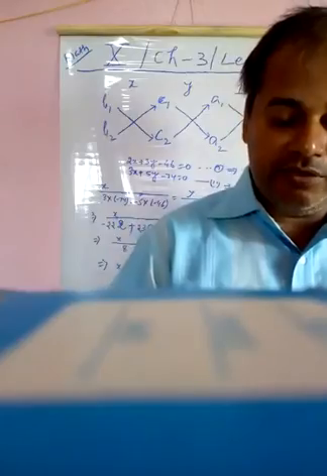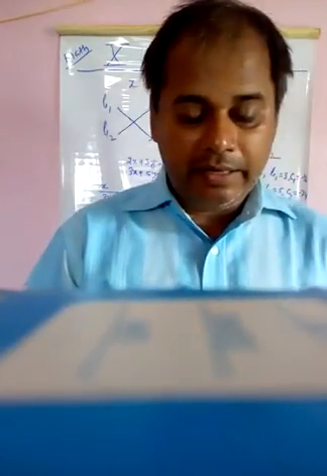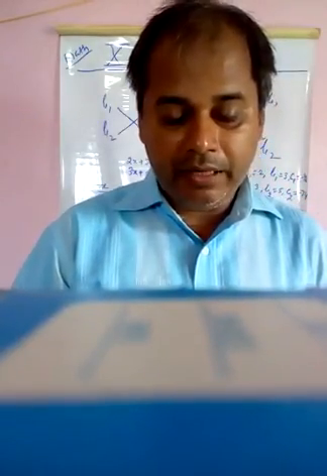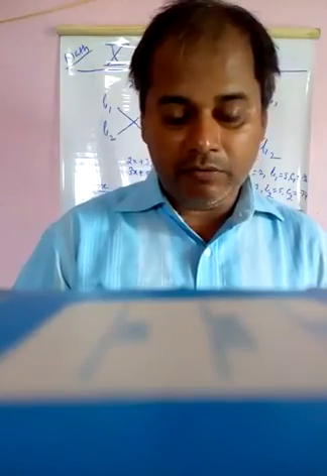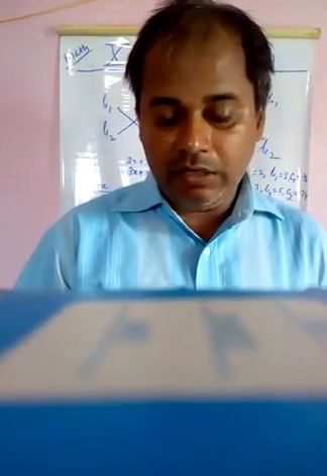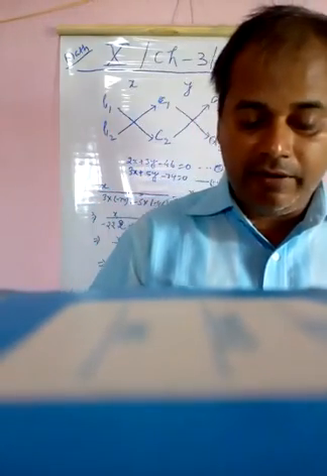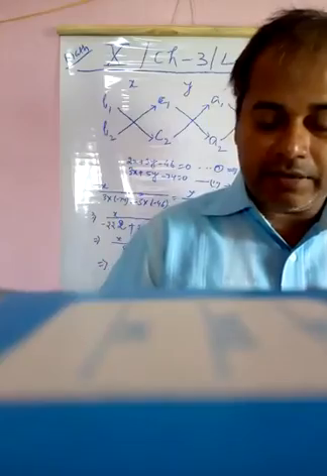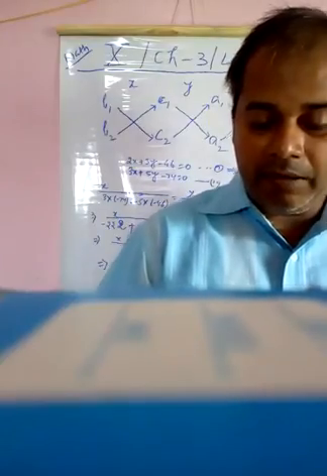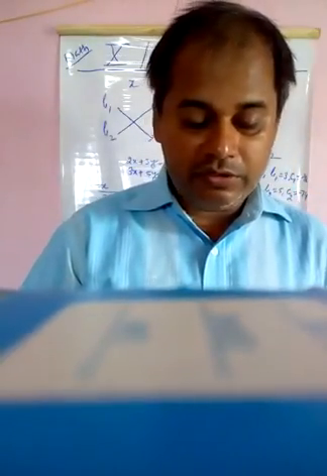The solution is: let us put 1/(x − y) = p and 1/(y − 2) = q. Then the given equation becomes 5 × 1/(x − y) + 1/(y − 2) = 2.